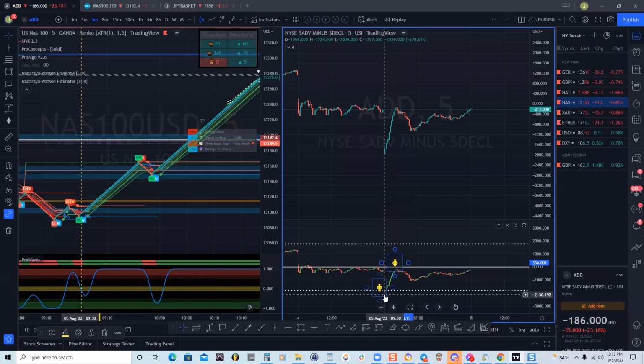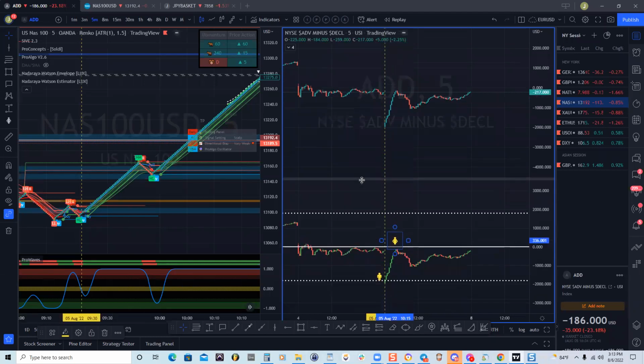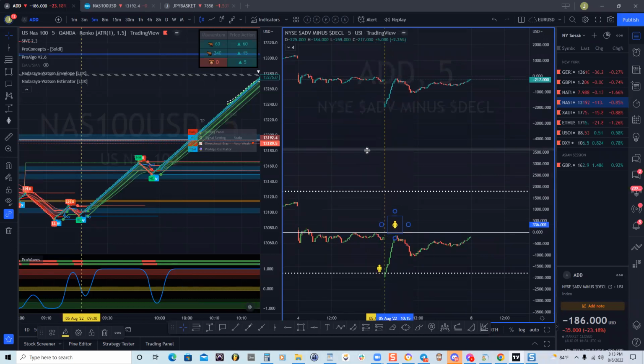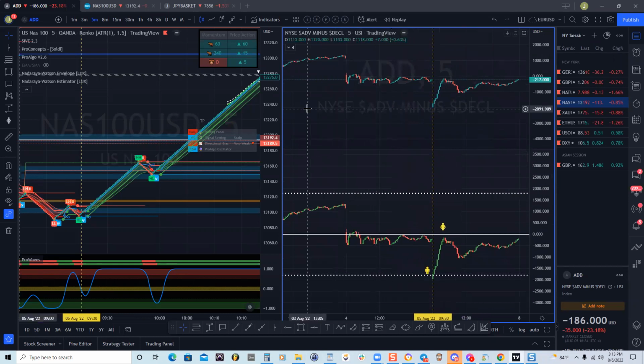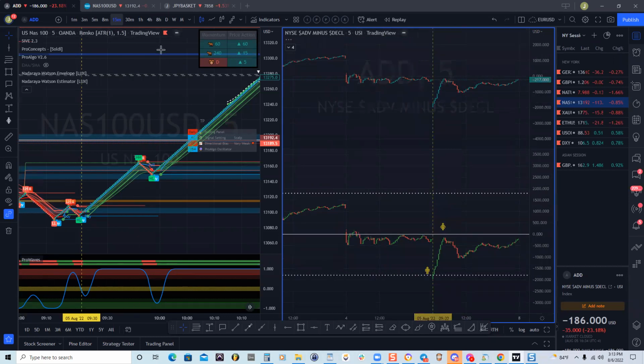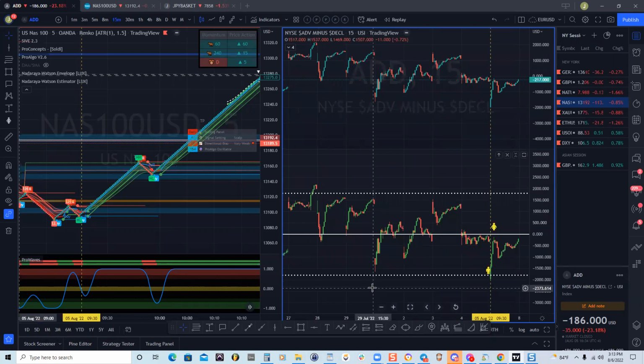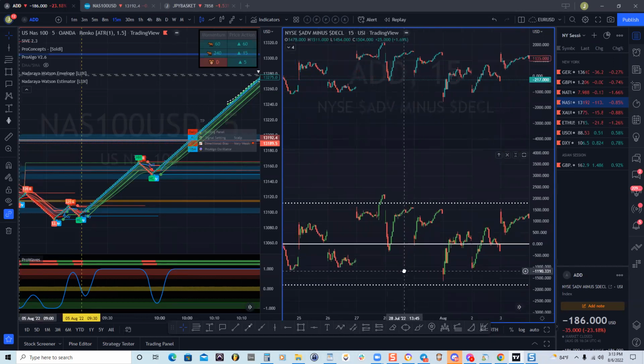Boom. This opened up at negative. So what you can do, you can bring all this all the way up so you can see right there. And if you bring this over here, let's do ADD on a 15-minute time frame so I can show you. Whenever the price was below 2000, it went up every time.